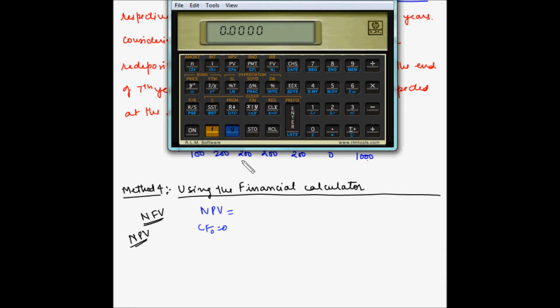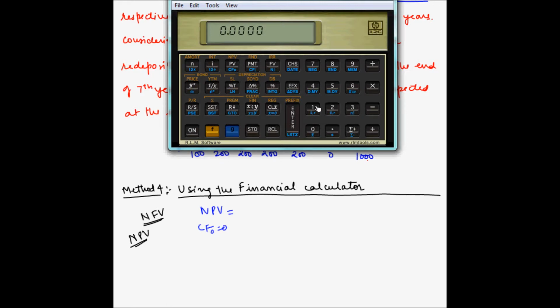So let's enter the cash flow values. Now CF0 and CFJ are mentioned here, which is enabled by pressing this blue button. So first we have to enter the value. So let's say 0, and then we have to let the calculator know that this is the value for CF0.